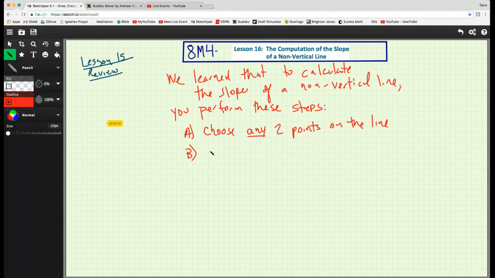B, you find the rise over the run, or the same thing is the change, the delta y over delta x, or the change in y over the change in x.